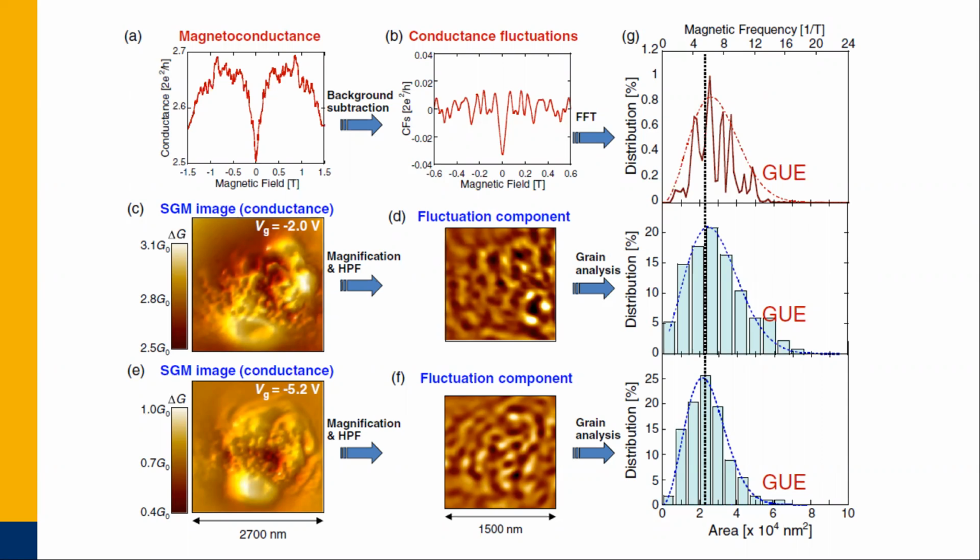The distribution of grains in this image follows a Gaussian unitary ensemble. And it doesn't matter what voltage we apply to the QPC, the conditions we measure the QPC, we always get this Gaussian unitary ensemble. So this is a big hint for us that electron motion in this disordered quantum point contact is actually chaotic.